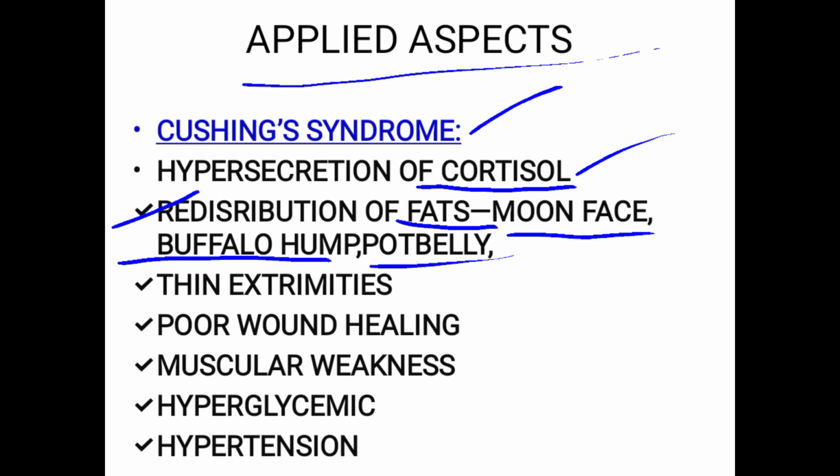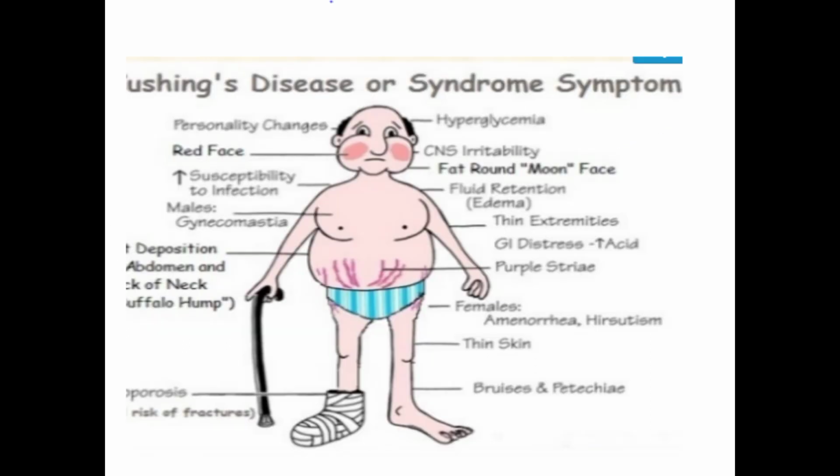Then the legs and limbs, the hands and legs become very thin. There are thin extremities. Then poor wound healing, muscular weakness, and hyperglycemia, because the main function of cortisol is to increase the glucose in the blood. Because of the excess, that will lead to hyperglycemia or diabetes. Then hypertension are the symptoms of Cushing syndrome.